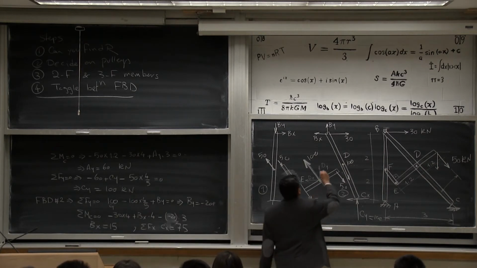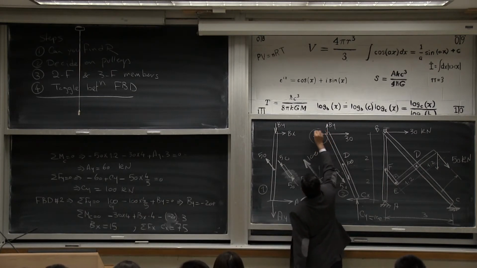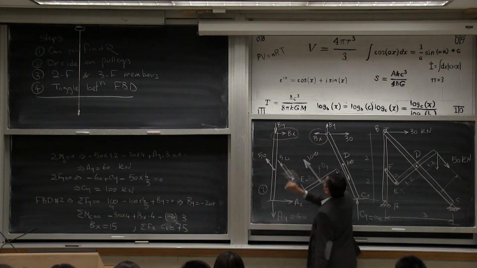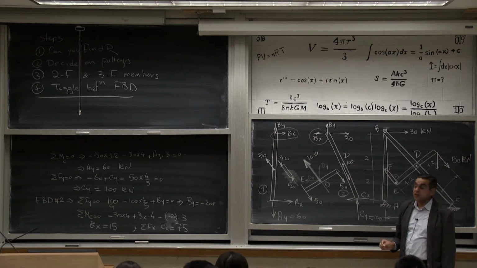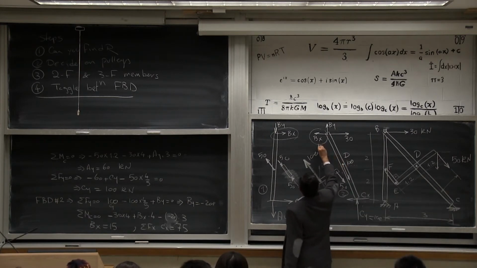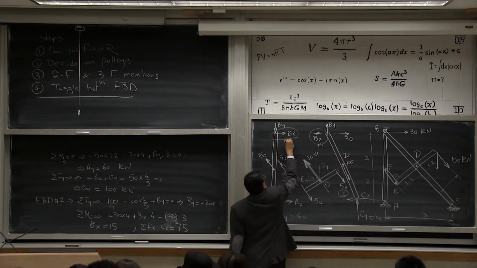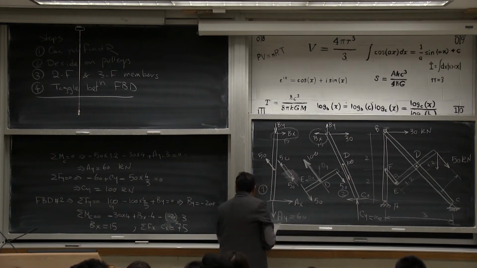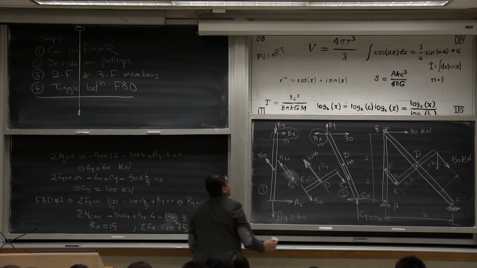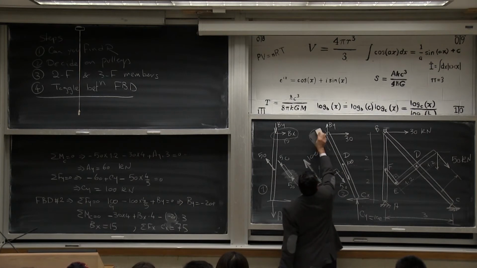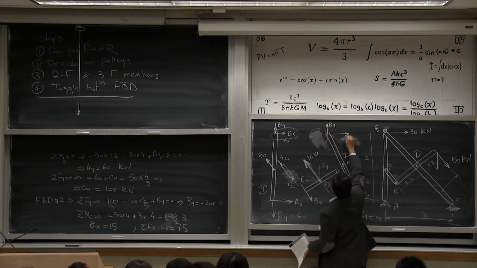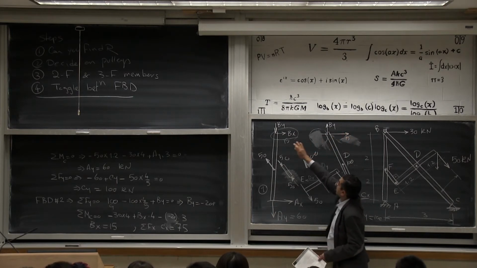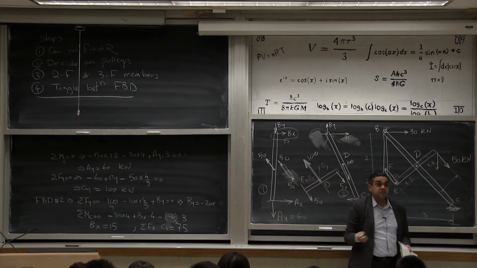So if you want to study this joint here, especially what's going on with the distribution of the 30, this is 15 and this is 15, which effectively means that at B, there is 15 going here and 15 going here, which makes sense.